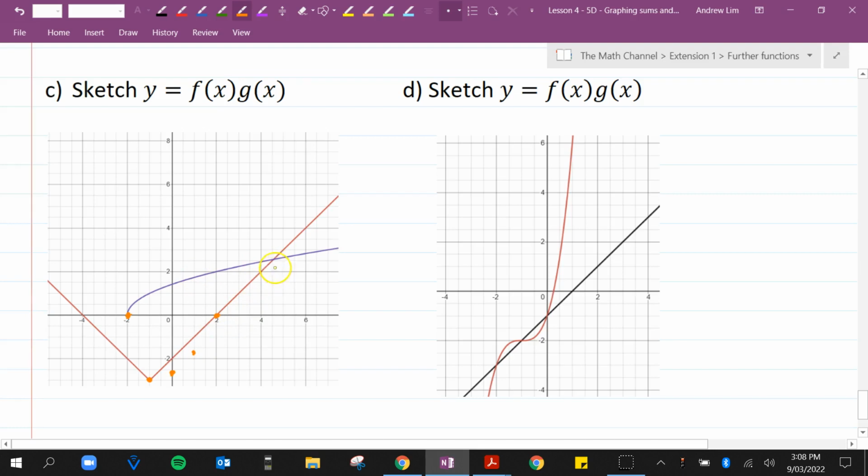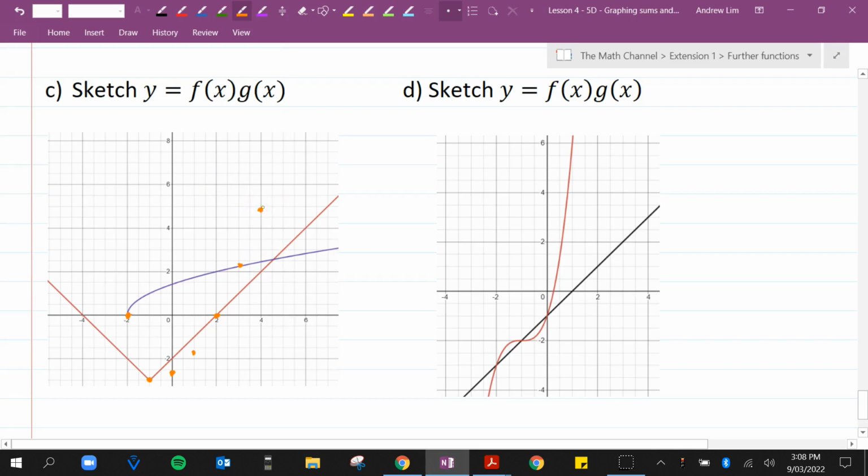Alright, let's see. 1 times this is that. 2 times about 2.5, which is about 5. It's going to be around there.